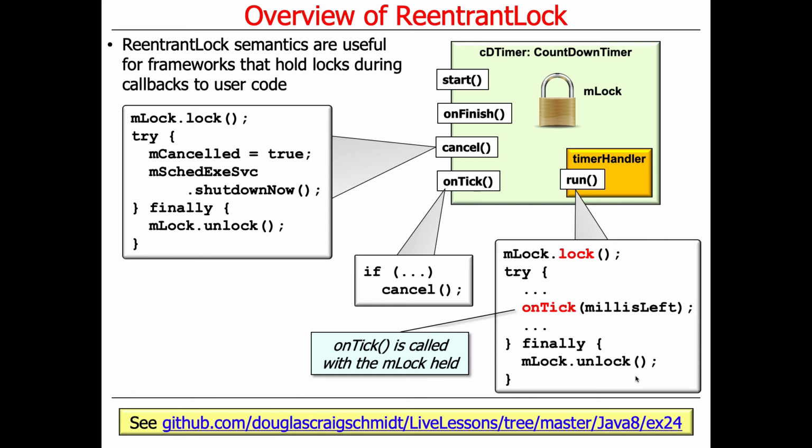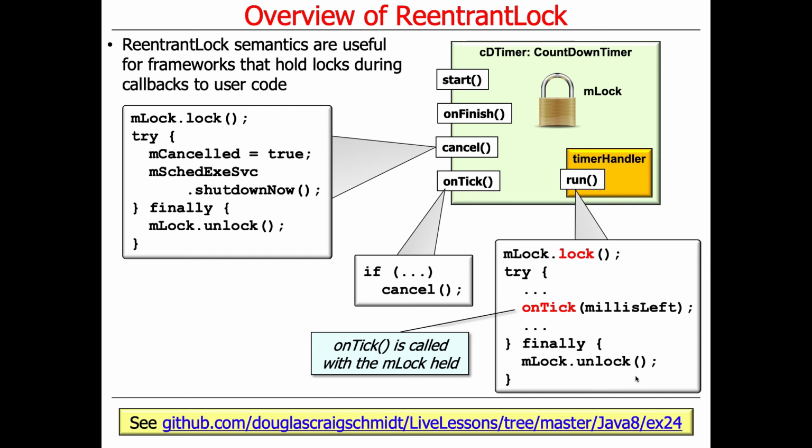So we'll take a look at a couple things. Here is the code for cancel. Here's the code for onTick. This is a hook method that gets called back that you can override. Here's the run method that we're going to have on our timer handler. This is just implementation stuff. This is what's actually running in the background doing this countdown.